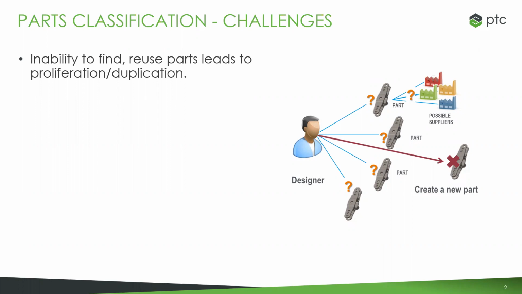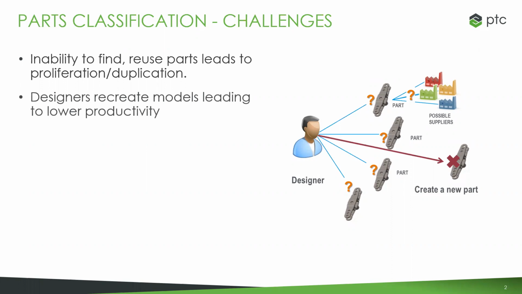Designers end up, like Rob said, redesigning parts that already exist simply because they can't find them. Then you end up with multiple copies of the same or very similar parts, stuck with an overabundance in your inventory. It makes it hard to reuse anything, and hard to standardize on one particular model and track all of the changes and versions of that.